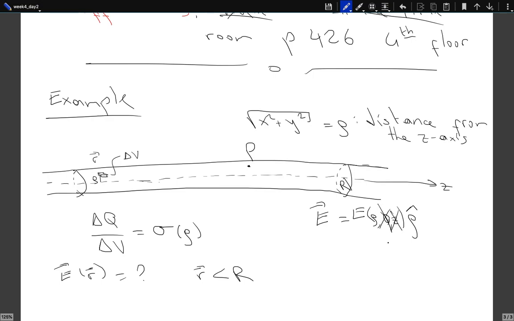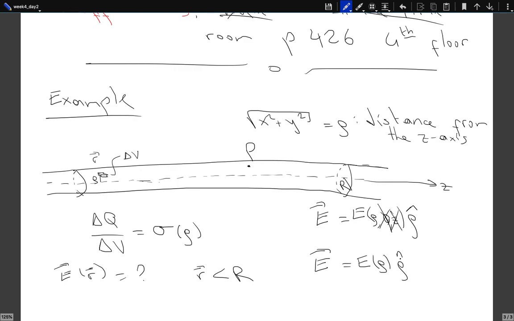Okay, so now we know something about the electric field. We know that it is pointing away from the wire, always perpendicular to the surface, and that it depends only on the distance from the central axis of the wire. And now we have to choose a suitable Gauss surface. But this is exactly the same problem as the previous infinitely thin wire case.